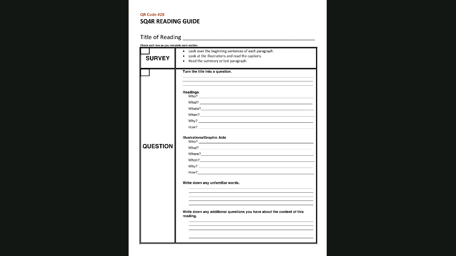When you're surveying, you're looking over the beginning sentences of each paragraph, trying to determine your main idea or your central theme. Your central theme and your main idea could be a little different, because your central theme is the overall theme. So maybe the overall theme is building pyramids, but your main idea for each passage is the type of pyramids that were built in certain times, or the way they built them in certain times.